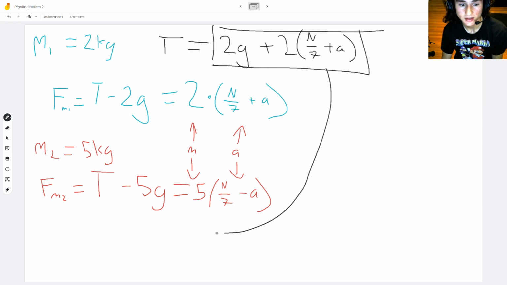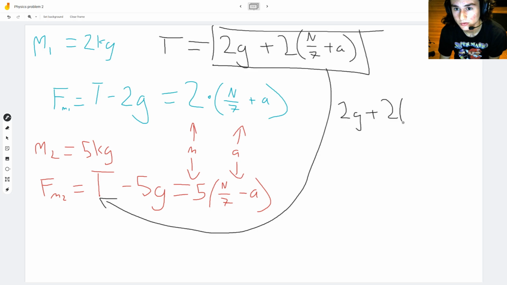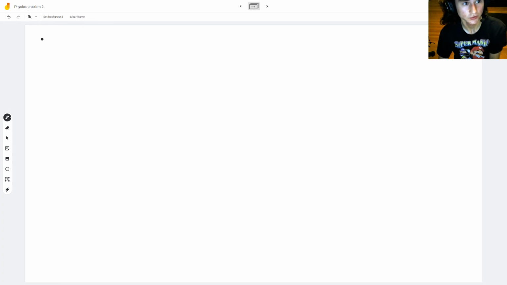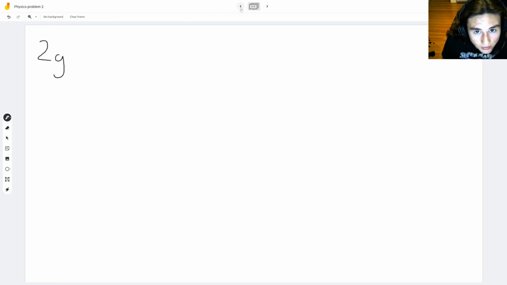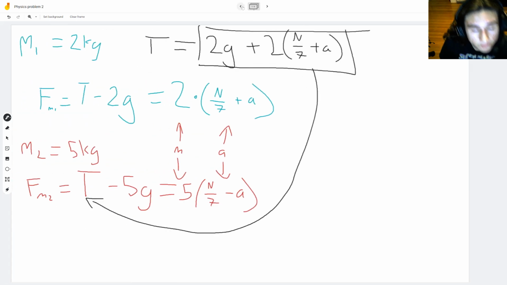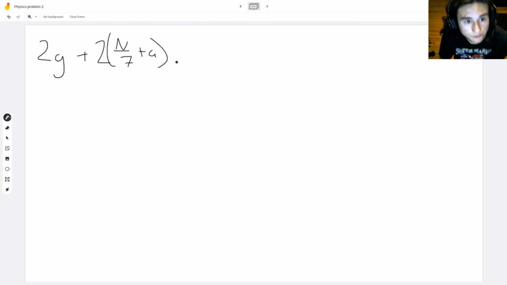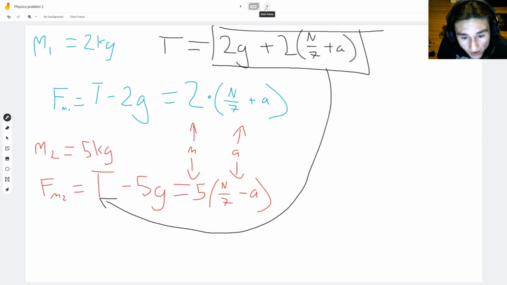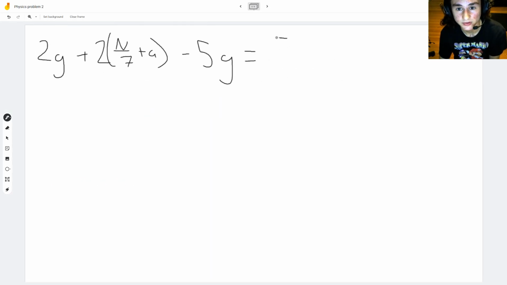So I'm going to take this and plug it into the second equation, and from there I will get 2g plus 2 times, okay, I'm actually going to go on the next page to draw this out because it'll just take a while. 2g plus 2 times n over 7 plus a, and then minus 5g equals 5 times n over 7 minus a.